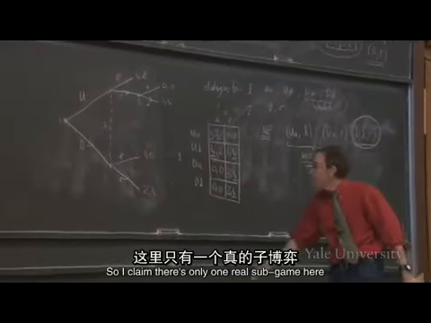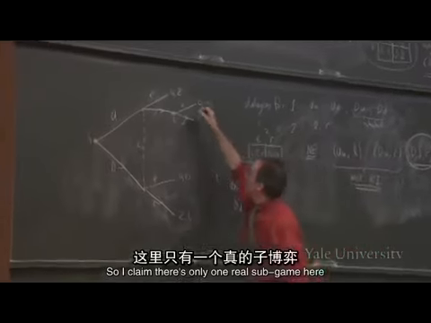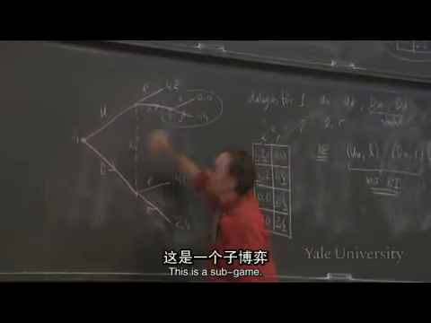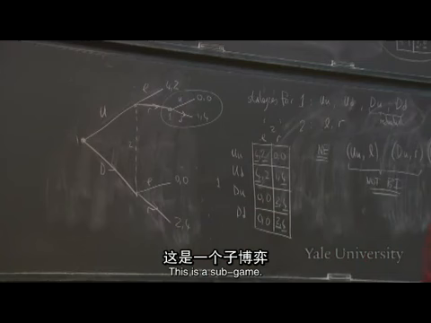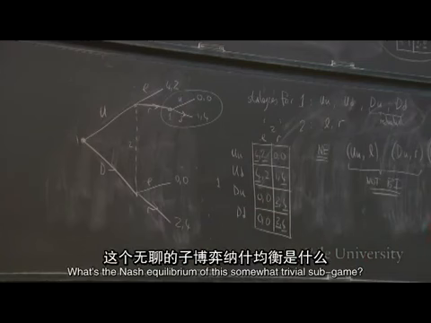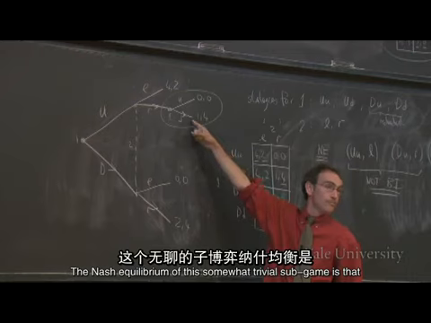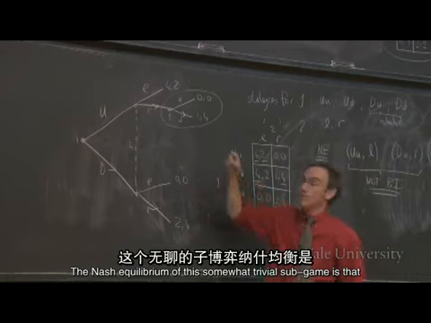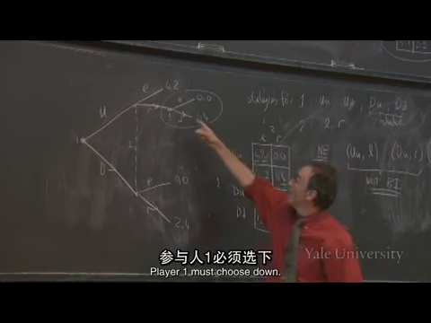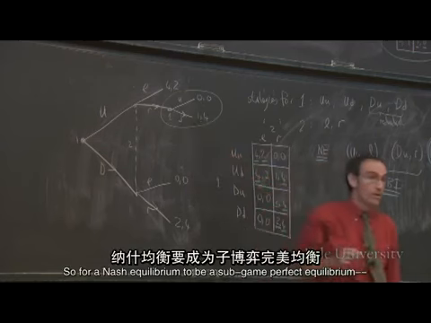Anybody? I claim there's only one real subgame here, and that's this piece. This is a subgame. What's the Nash equilibrium of this somewhat trivial subgame? The Nash equilibrium of this somewhat trivial subgame is that player 1 must choose down.